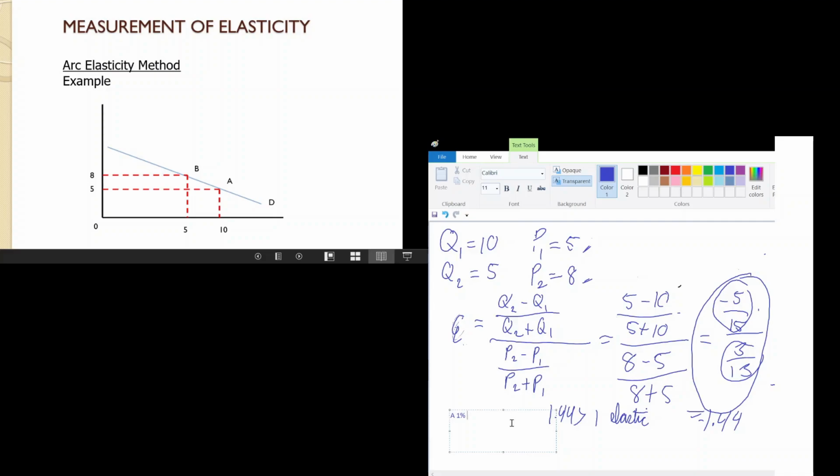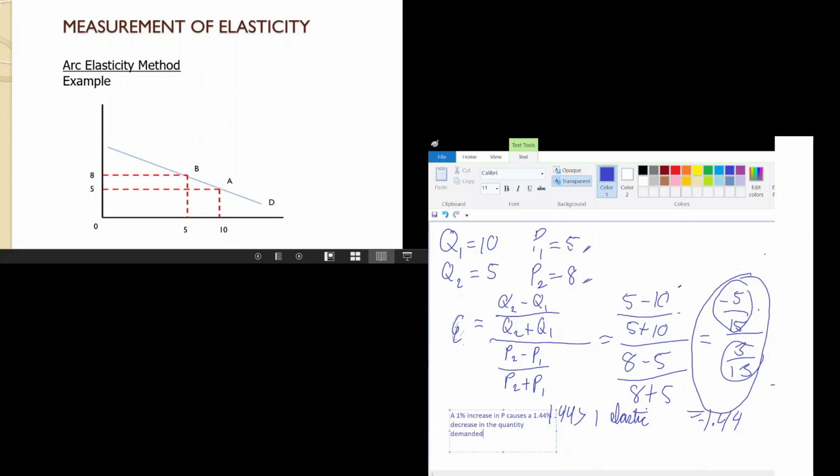So a 1% increase in price causes or results to a 1.44% decrease in the quantity demanded.